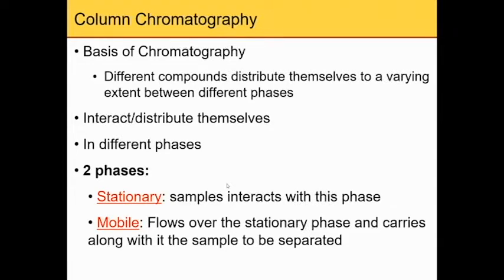That's the so-called resin that we use to interact with our sample. The mobile phase basically contains the sample, the protein of interest. So you run the mobile phase through the stationary phase, and through the interaction of the protein of interest with the resin, you will be able to isolate the pure protein.